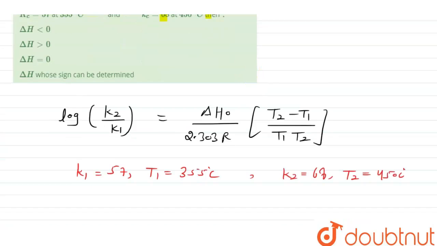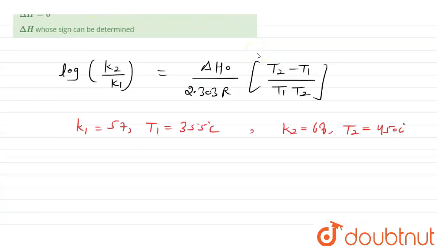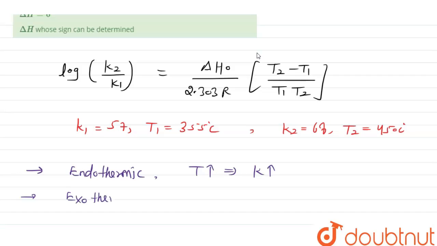Now always remember, suppose our reaction is endothermic, then with increase in temperature our equilibrium constant will always increase. And if the reaction is exothermic, then with increase in temperature our equilibrium constant always decreases. This result comes out from this equation.